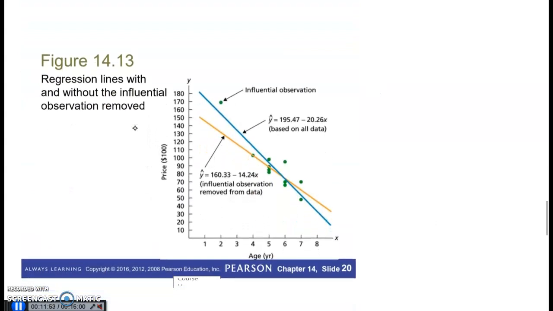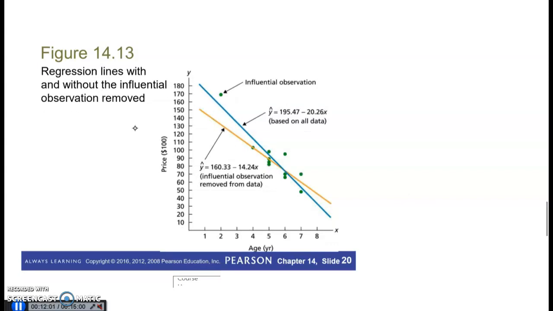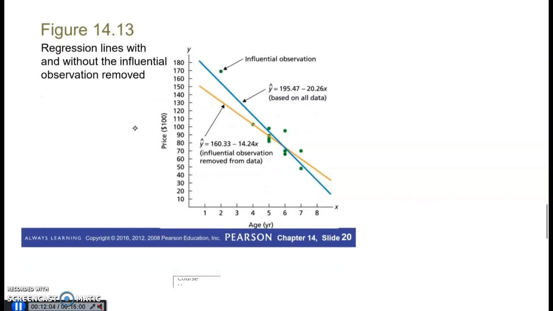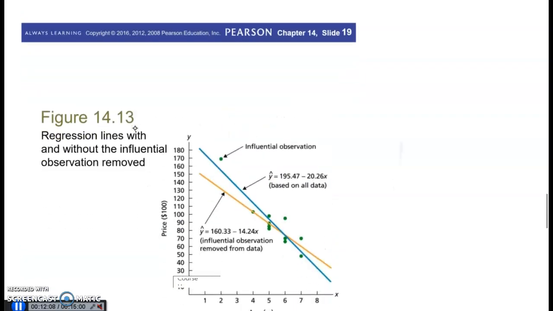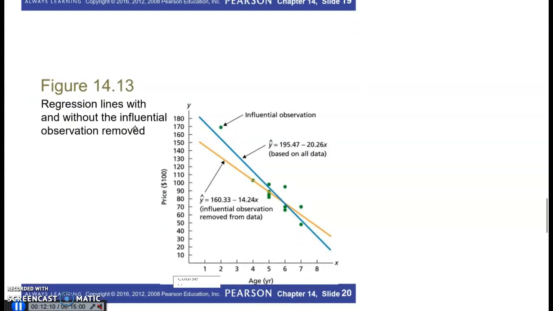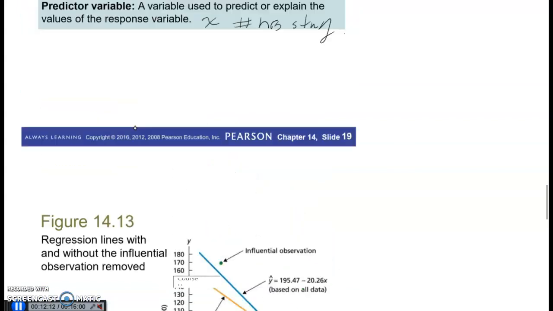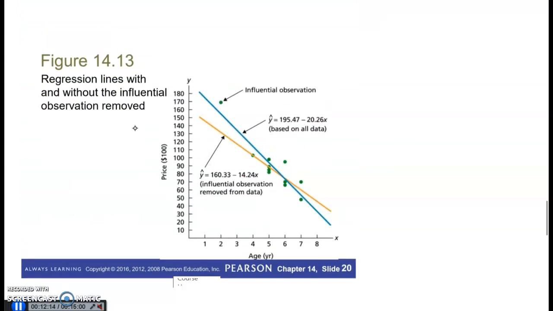One of the things I want to talk about also is this idea of influential observations. In green we have a set of data that is representative, I believe, of the original data.